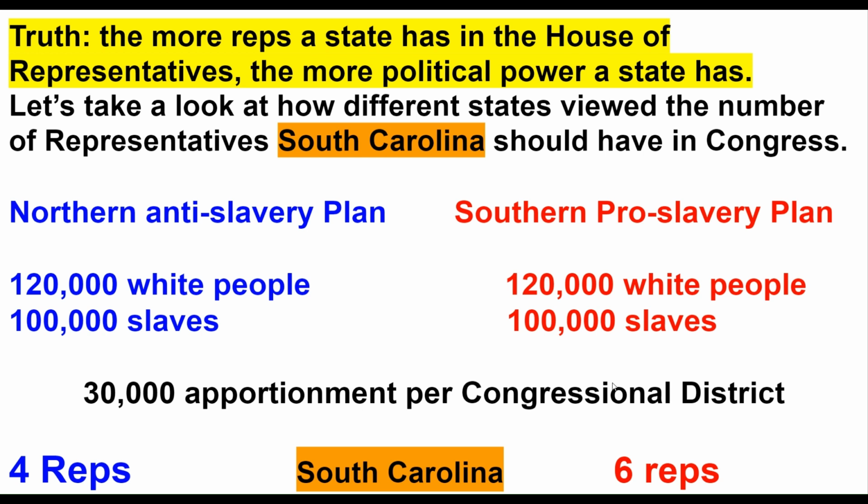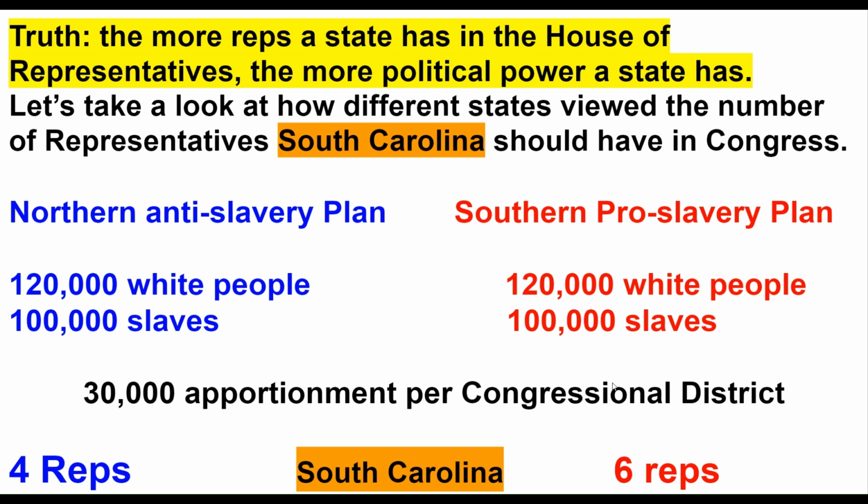So the slaves wouldn't count any towards political power in the House of Reps. So the Northern Anti-Slavery Plan, they wanted slaves not to count, so 4 reps for South Carolina. But down south, the southern pro-slavery states, they wanted the slaves to count as 3/5 of each white citizen.